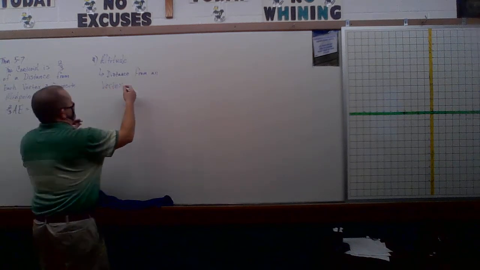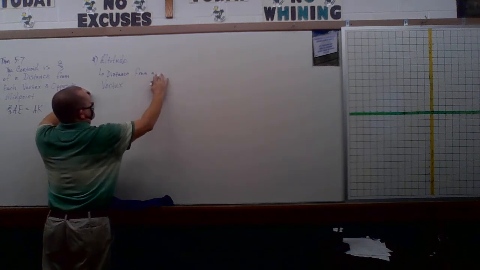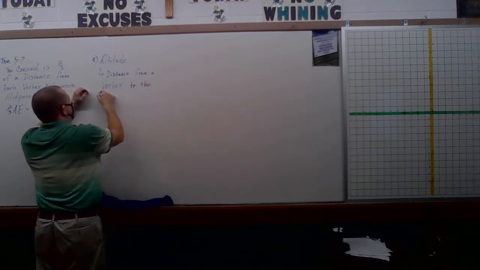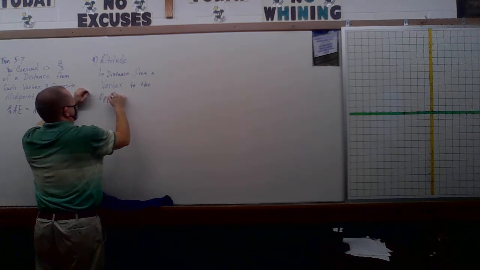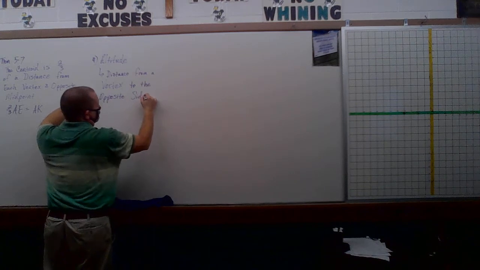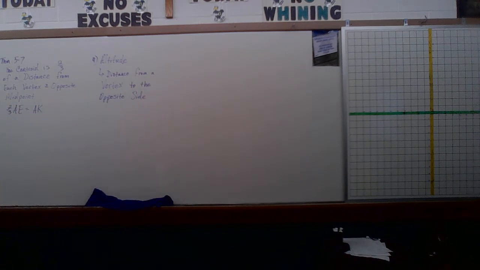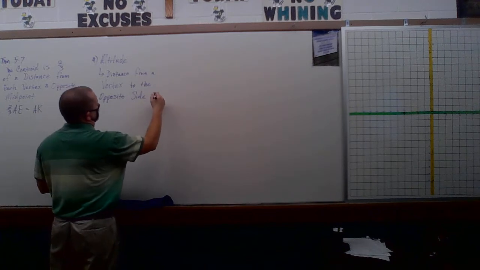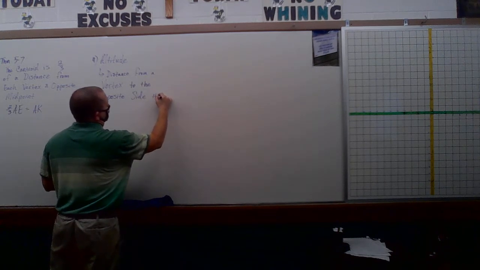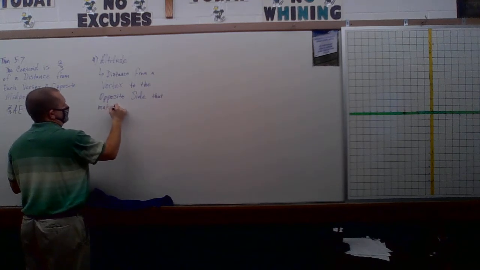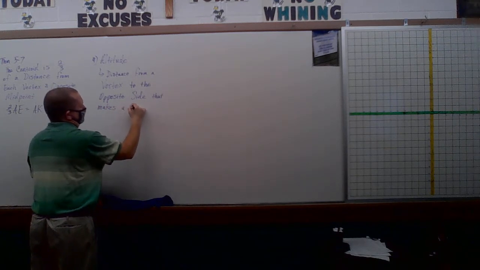So the distance from a vertex to the opposite side that makes a 90-degree angle.